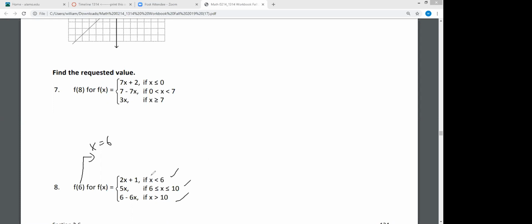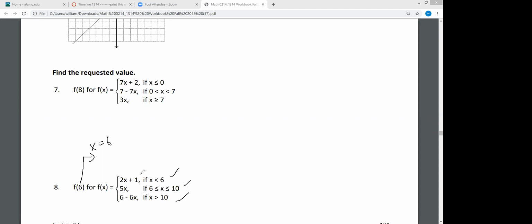Yes, because if you put 6 here, is 6 less than 6? No, it's not. 6 equals 6. So if you put 6 in here, 6 is less than or equal to 6. Yes, we're going to use the middle one because the equal signs are here. So 6 fits in the middle. Do you see? 6 fits in the middle because it's equal. 6 is less than or equal to 6.